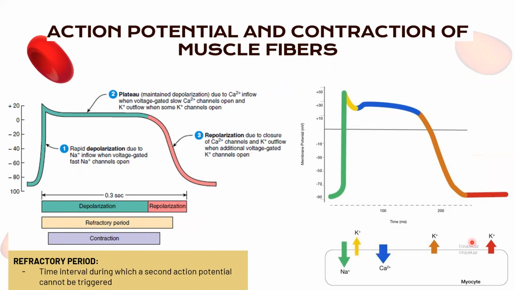You'll see here the different ions, sodium, potassium, calcium, and potassium, going in and out from the extracellular to intracellular and vice versa, from the myocyte towards outside, during the contraction of your heart.